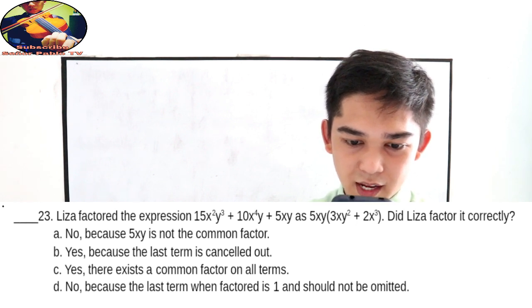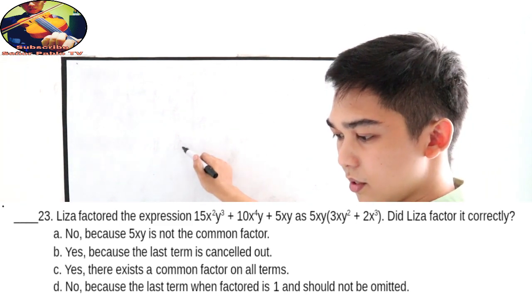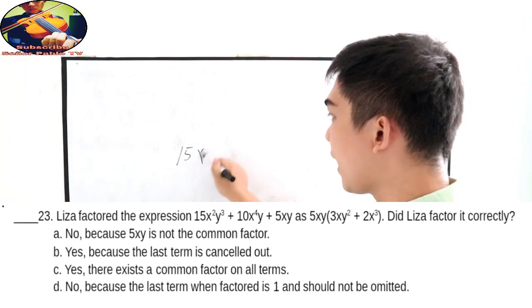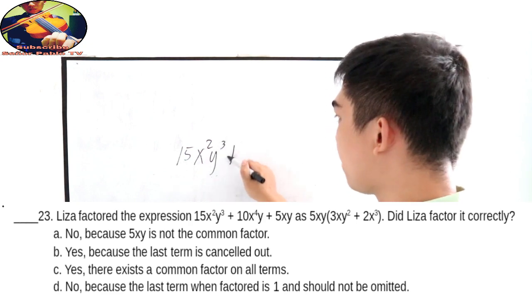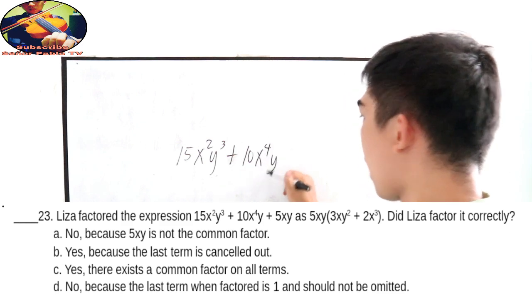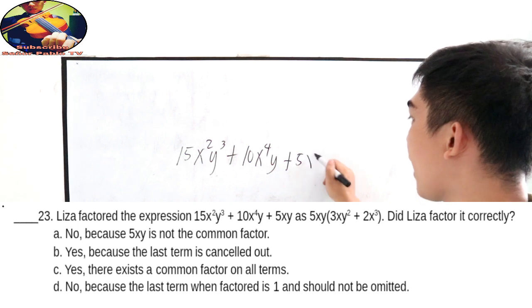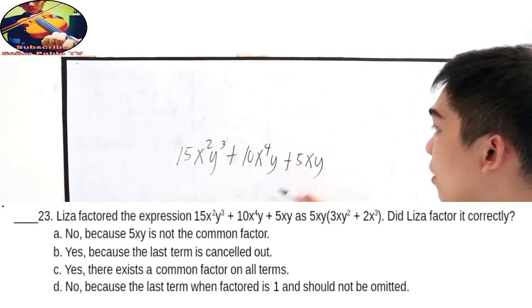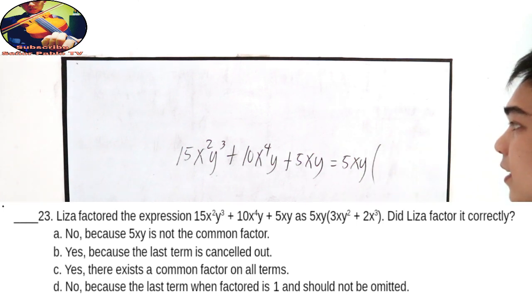Then, i-divide natin. Try nga muna natin i-factor yun. 15x squared y cubed plus 10x raised to 4 y plus 5xy. So, ang common factor natin ay 5xy. Tama si Liza.